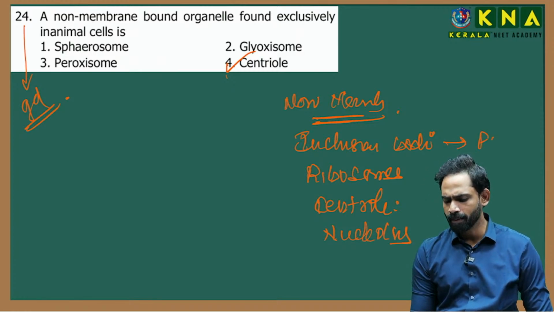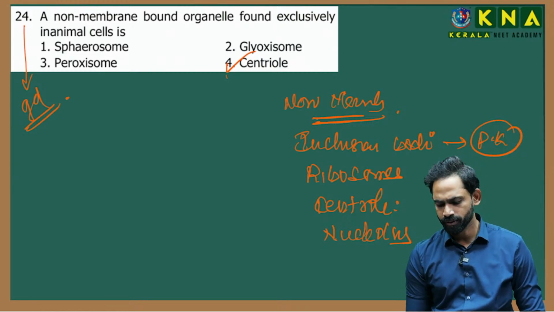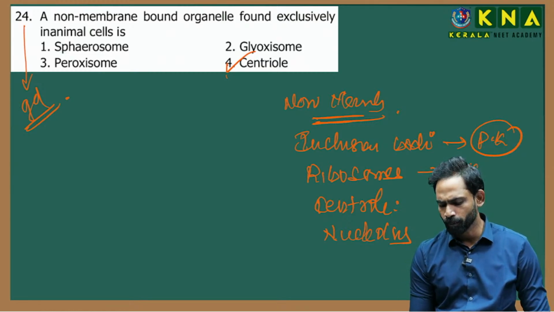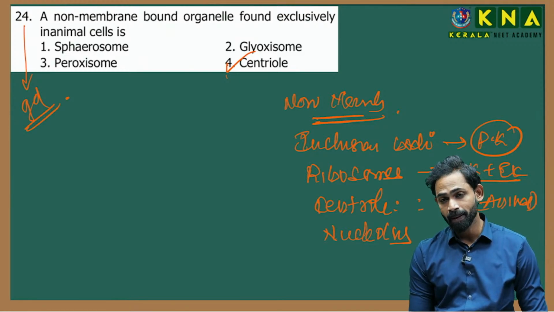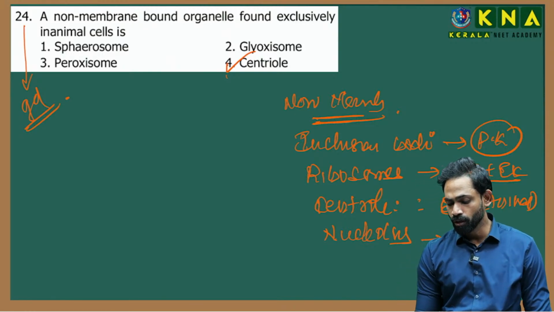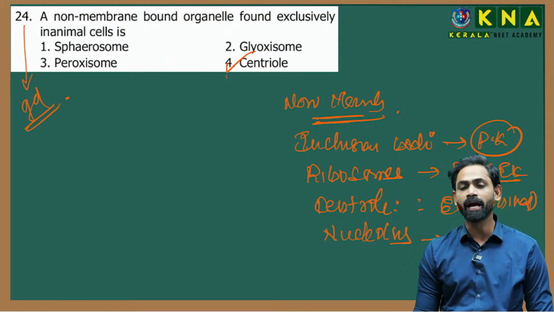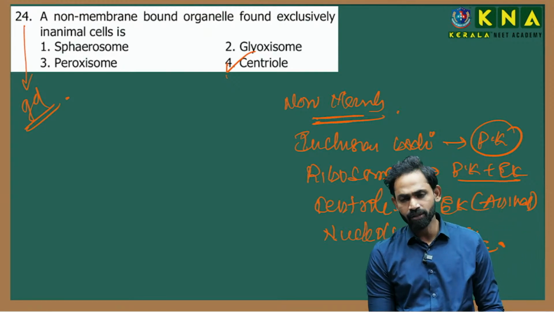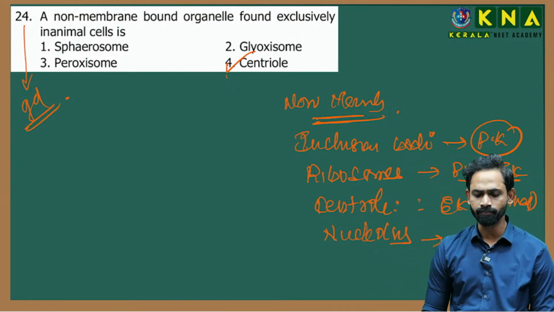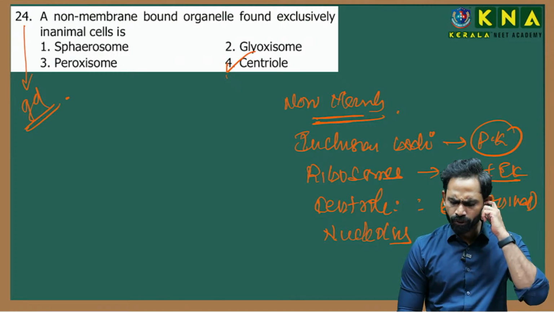Inclusion bodies are non-membranous only in prokaryotes. Ribosomes are non-membranous in both prokaryotes and eukaryotes. Centriole is only in eukaryotes, especially in animals, not in plants or fungi. Nucleolus is non-membranous only in eukaryotes. Please try to understand, okay? Nice, good question.